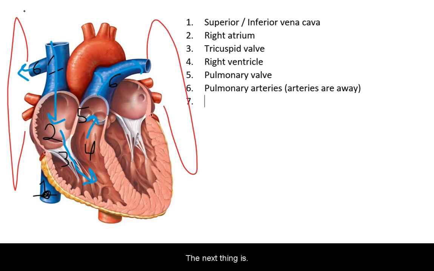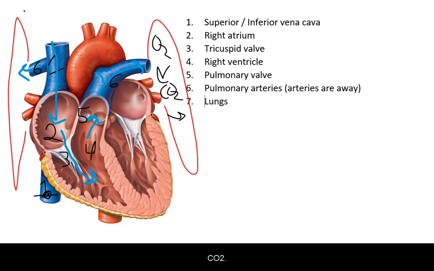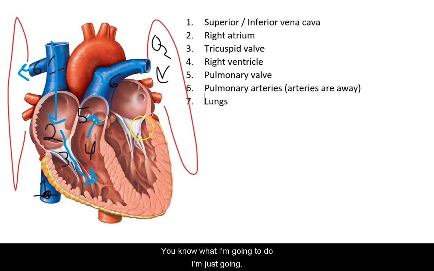The blood goes to the lungs, and some interesting stuff happens: oxygen comes in and CO2 goes out. You know what I'm going to do? I'm abandoning ship.